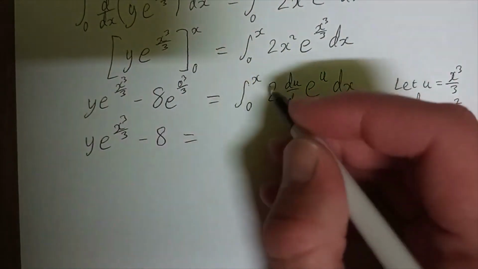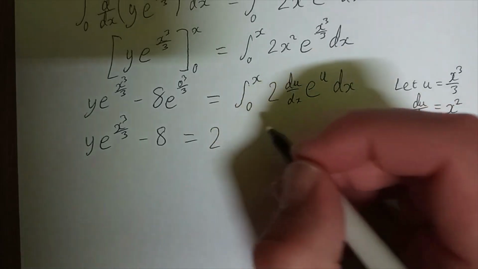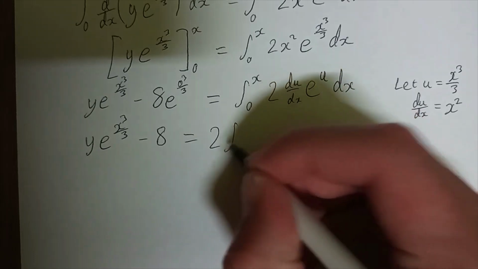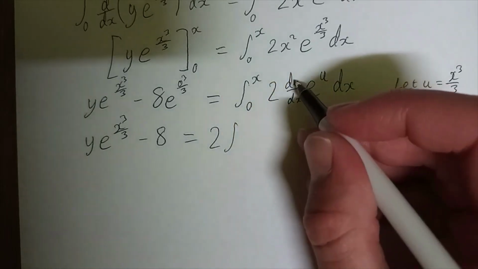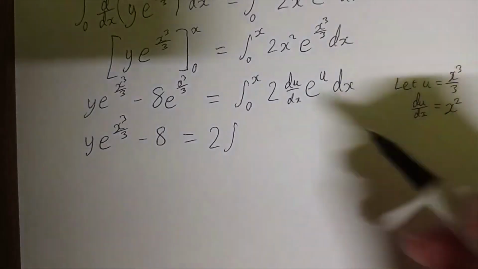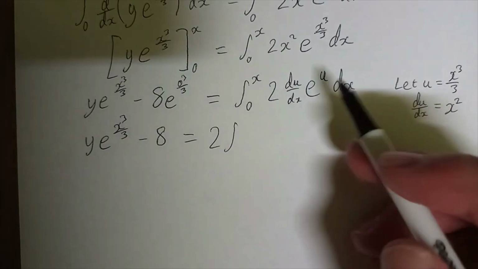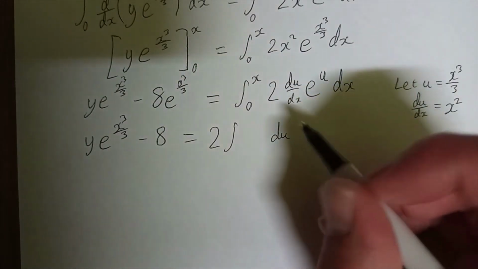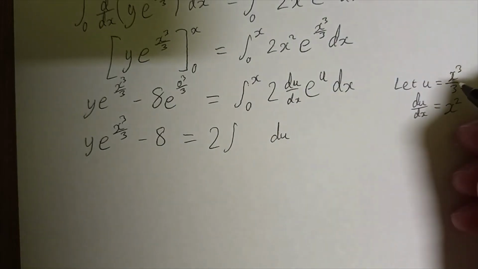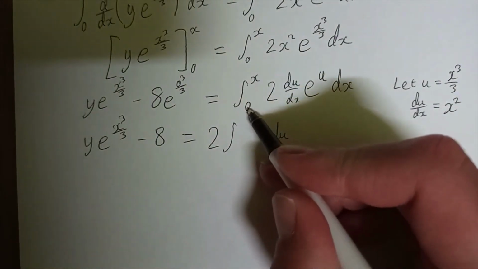now we can pull the factor of 2 out of the integral, and because we've got du/dx and dx here, we can just change this to an integral with respect to u, but we need to change the terminals. So at x equals 0, we need to work out what u is equal to.